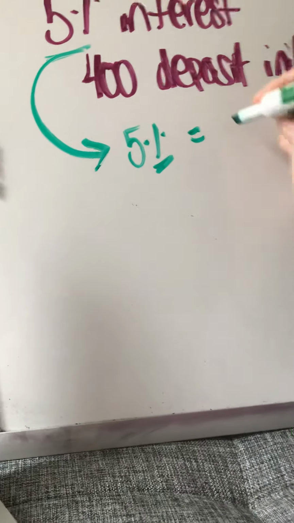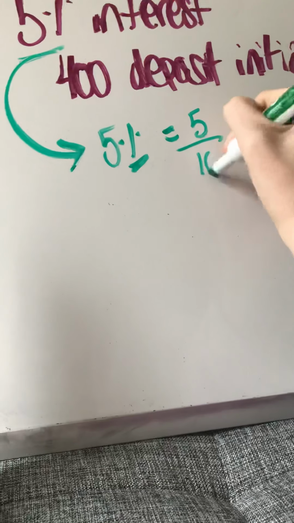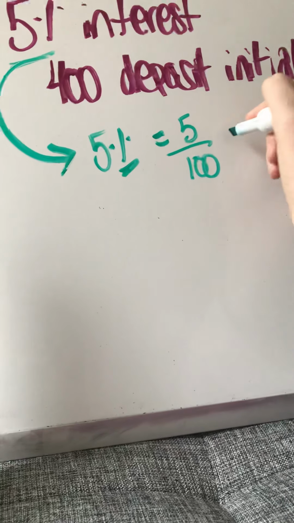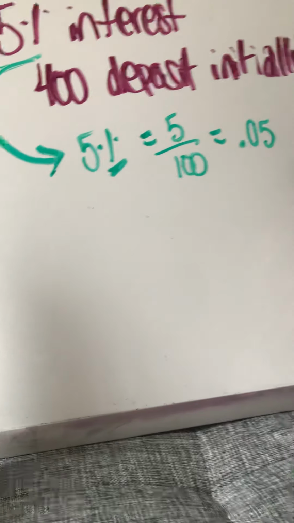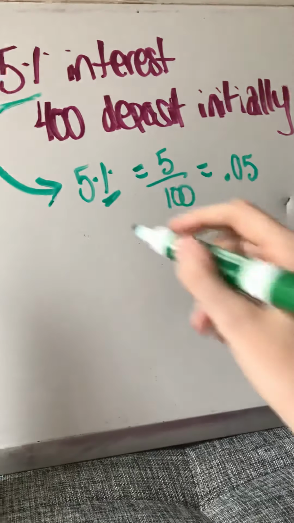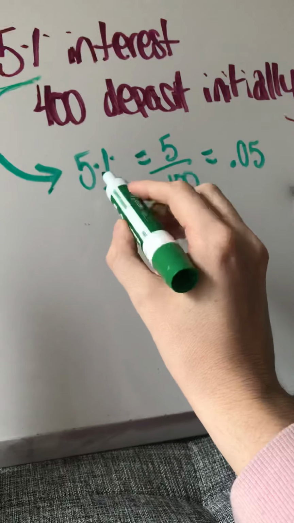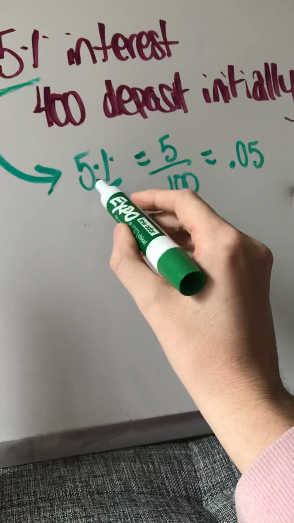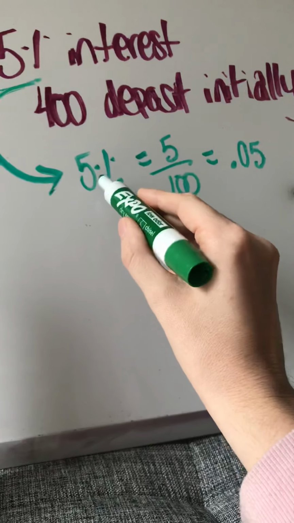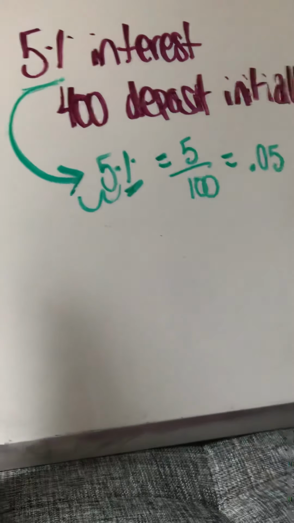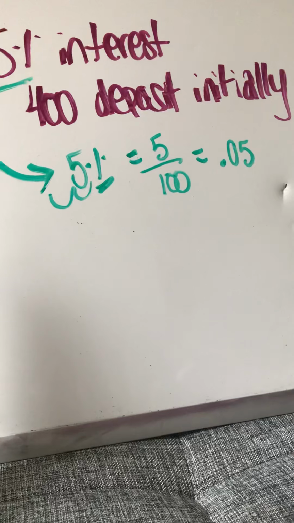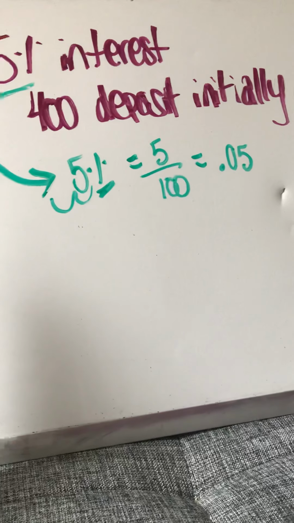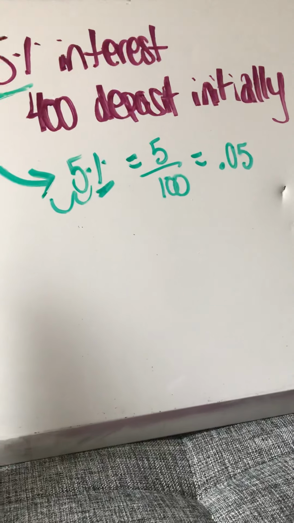So she divided it by 100, and that converted it into a decimal, which gave you 0.05. I also saw a few of you use that little shortcut: wherever my decimal point is, if I move it to the left 2 places, that also converts it into a decimal. So whatever method is easiest for you. But that was the first step that I saw in everyone's paper.